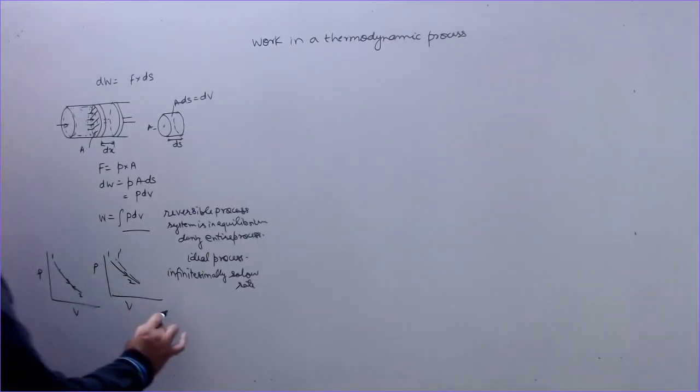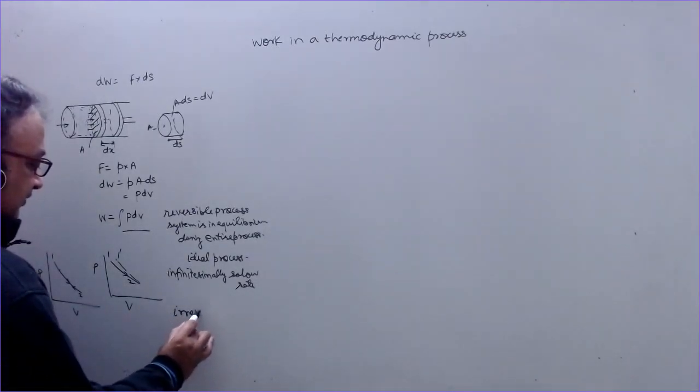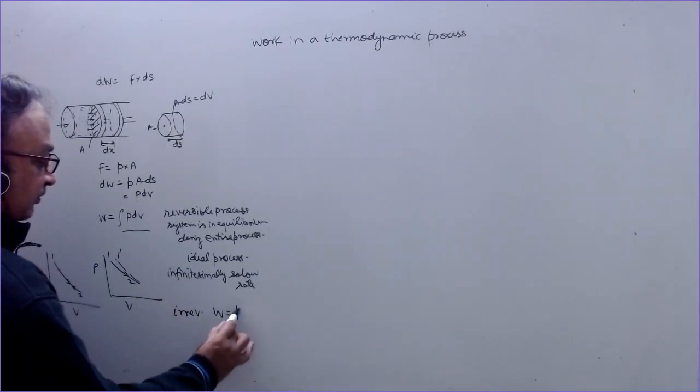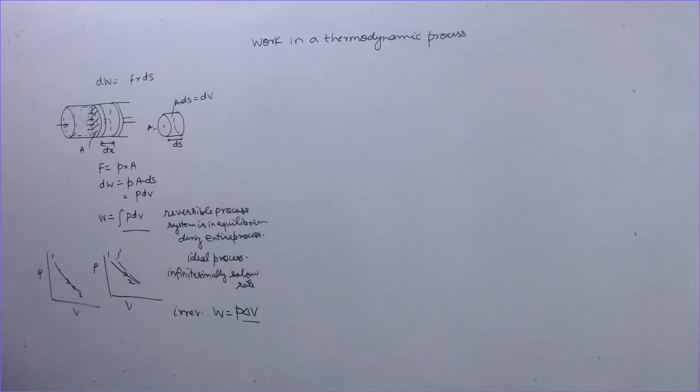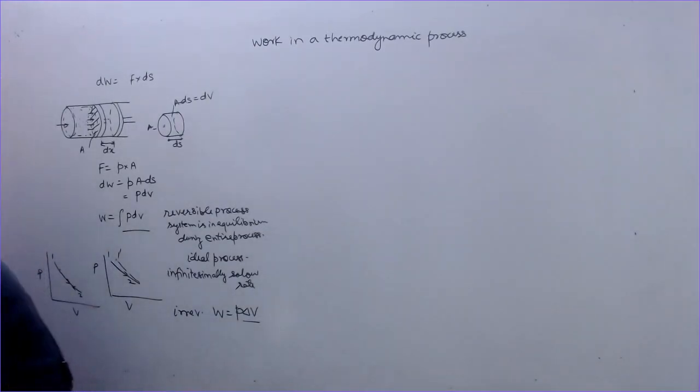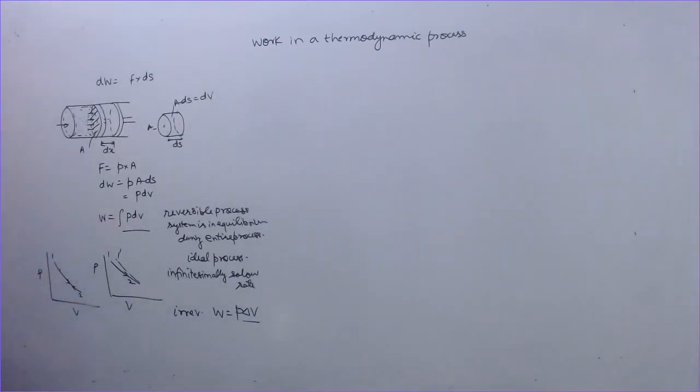And for an irreversible process, work done is P delta V and not the integral of P dV, because integration cannot be carried out during a path which is not in equilibrium. This is the formula we use for calculation of work during a thermodynamic process.